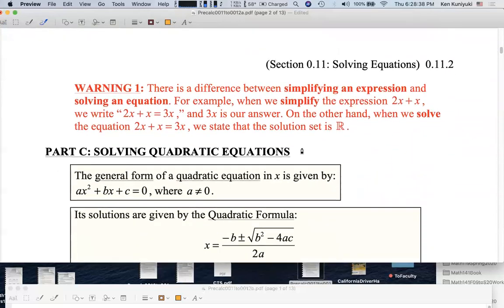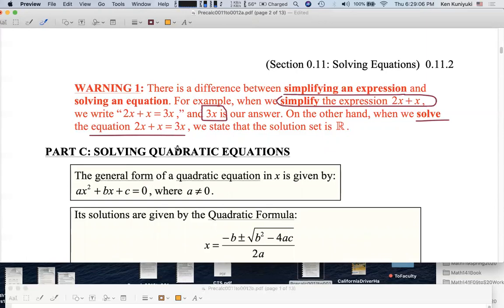Now, in the earlier parts of chapter 0, we talked about simplifying an expression. For example, if I told you to simplify the expression 2x plus x, your answer might be 3x. On the other hand, if I tell you to solve the equation 2x plus x equals 3x, I'm asking you, what are all the real values for x for which the left side will equal the right side?